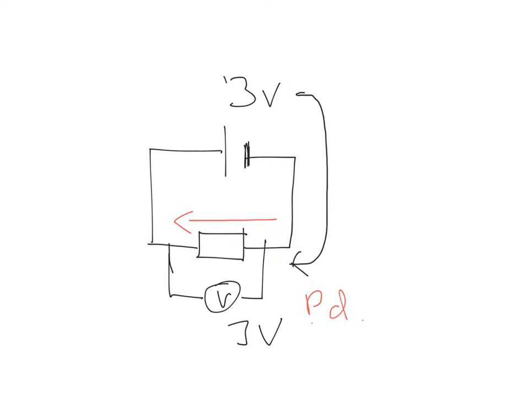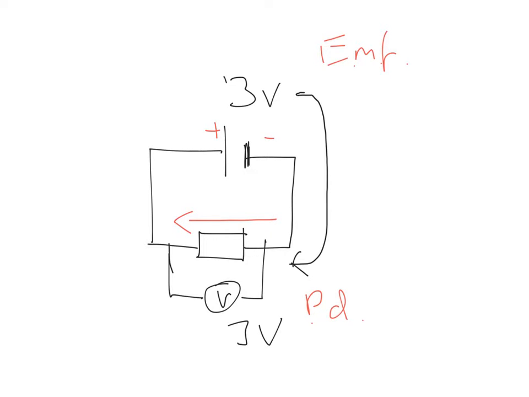So slightly differently now, we have an EMF. An EMF is not so much what you're getting out or what you're using up, it's what you're putting into a circuit. So in this case, the EMF, the source of electromotive force, is right here. The electrons are given an electromotive force by the fact that this battery, or this cell even, has a negative charge there and a positive charge there.